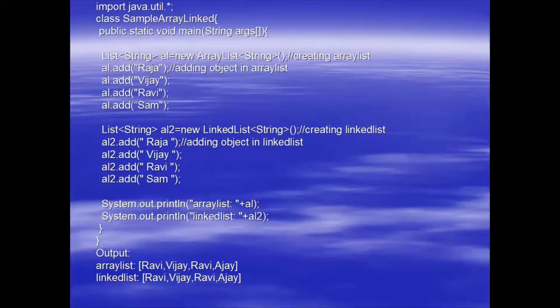ArrayList internally uses a dynamic array to store the elements. Dynamic array means we are not specifying the array size. See here, AL1 equal to new ArrayList, that's it. The size of the array we are not specifying anywhere, so dynamically it will set the array size.